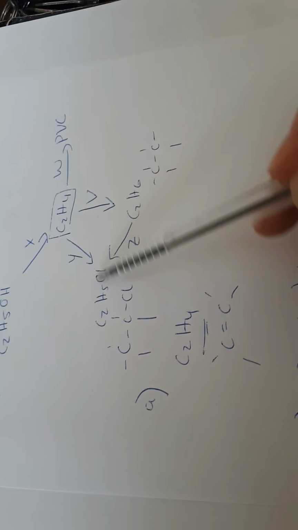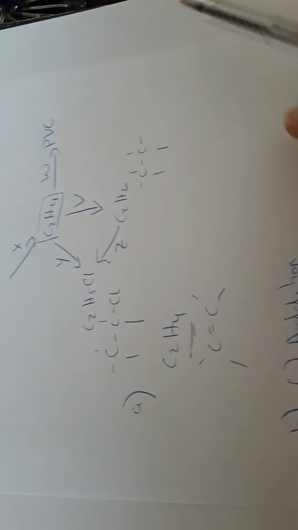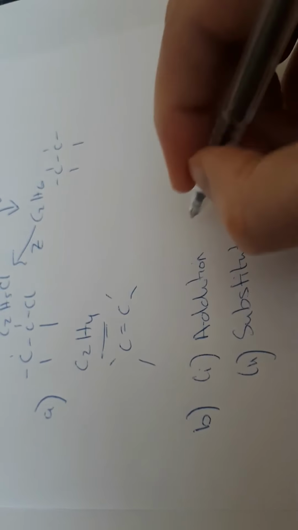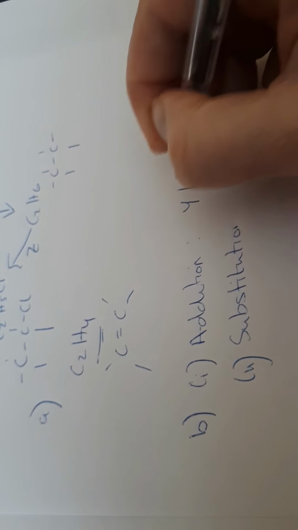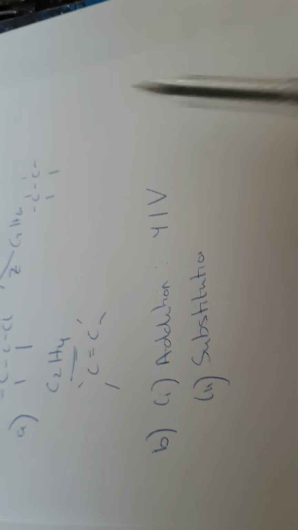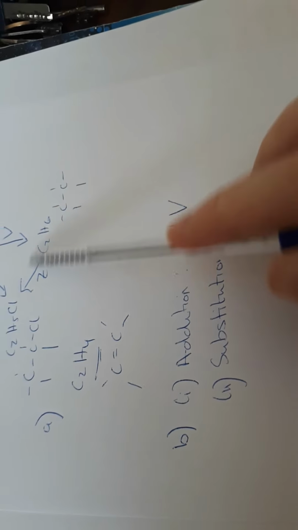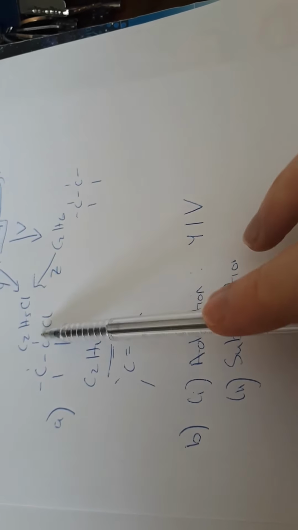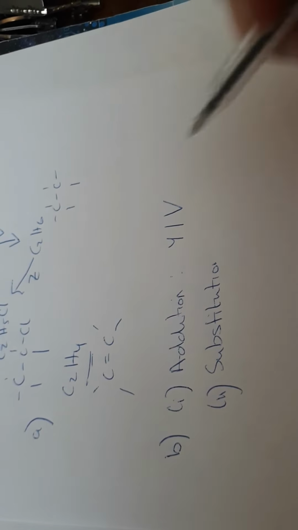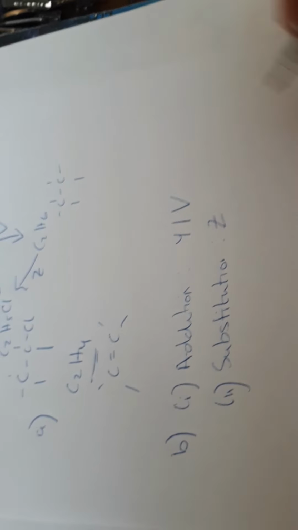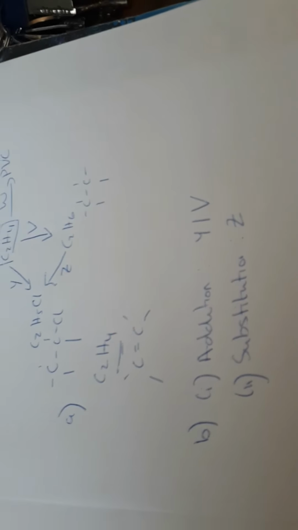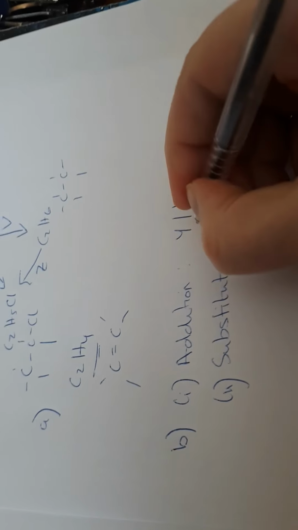That would be an addition of HCl, that's an addition of H2, so either one of those will get you your marks, Y or V. Substitution then, you're starting off with basically a singly bonded atom, and the biggest example there is our substitution of my chloroalkanes.